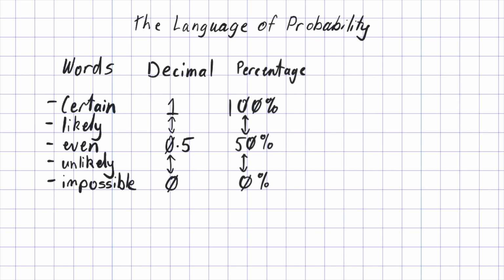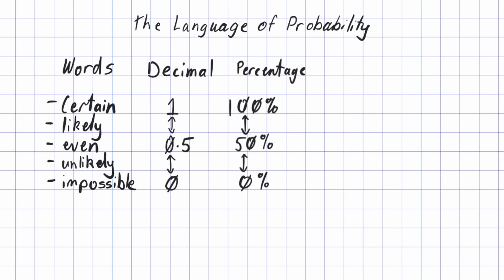Doesn't matter what value, what are the chances that you'll get a value? 100%. Even is 50%. You may get it, you may not. Heads and tails again. There's an even chance that both sides could get flipped, and 0%, doesn't matter how many times you try, you're definitely not going to get it. You'll see those arrows there again for likely and unlikely.